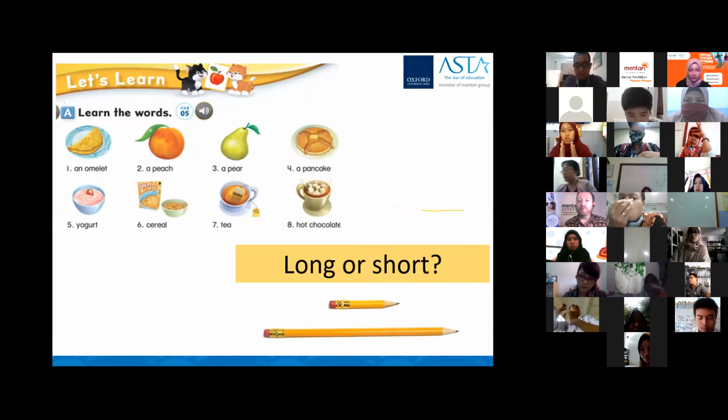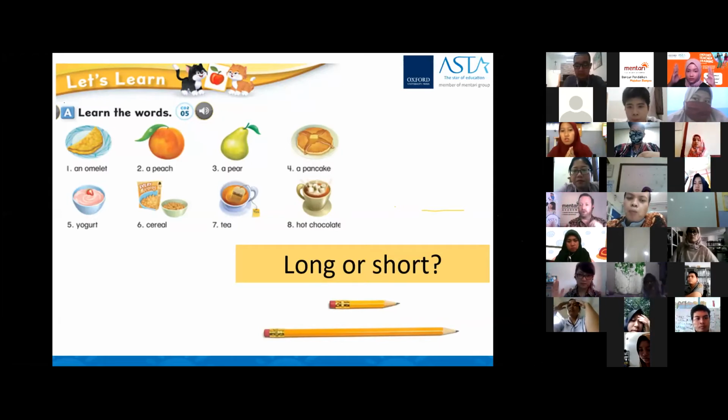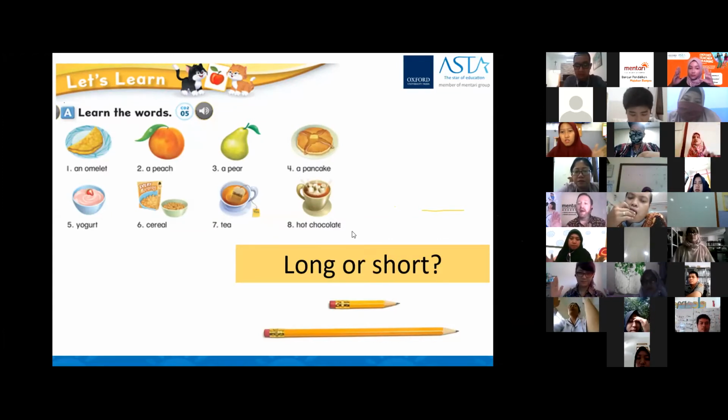So for example, if I say E, is that a long or a short E? Can people show me with their hands at their screen? Is that long or is that a short sound? Can people show me? I think you, Miss Rivka. Yes, it's long. What about E?